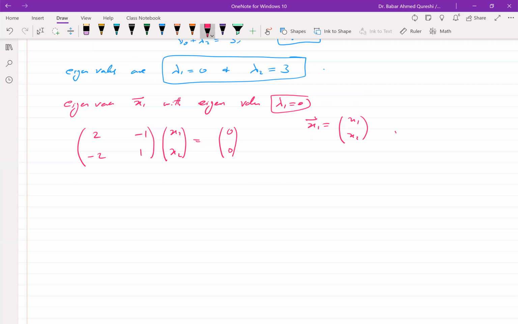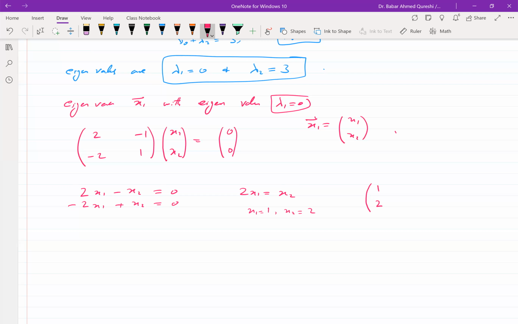So what do I get from here? This gives me 2x1 minus x2 is equal to 0, and the lower equation gives me minus 2x1 plus x2 is equal to 0. So they are not different. The second one is just the first one multiplied with a minus 1. So all it requires is 2x1 is equal to x2. So if I put x1 is equal to 1, then x2 is equal to 2.